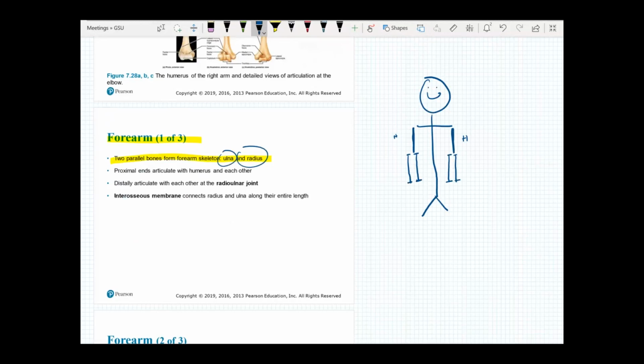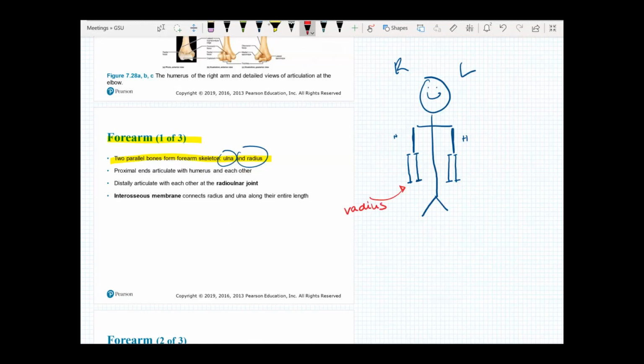So this is where it gets a little bit tricky when you're looking at this. You'll notice that this is my right side and this is the left side of my little gentleman. On the right side, you are going to have these bones where the lateral one, the most exterior, will be your radius.